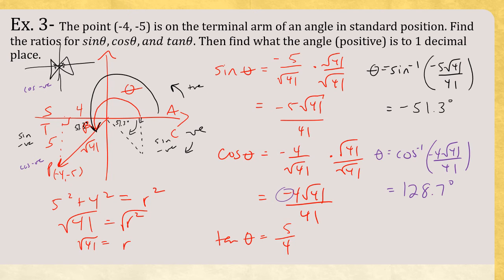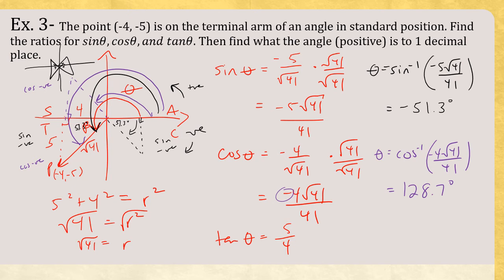So it could go all the way here, or it could go all the way to here, because that's the other place where cos is negative. Based off of our diagram, the shortest distance would be 128.7.